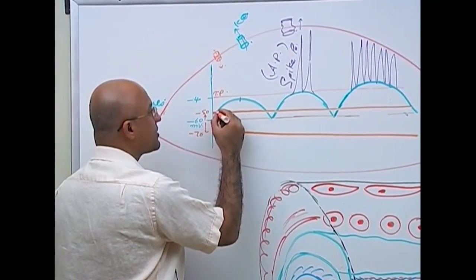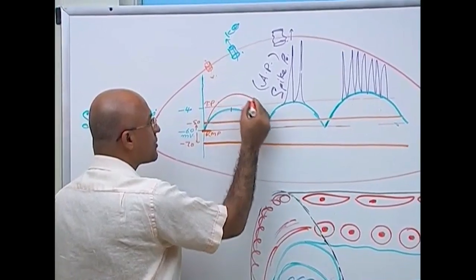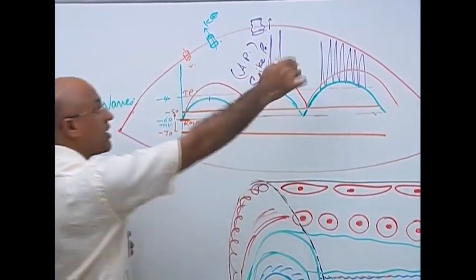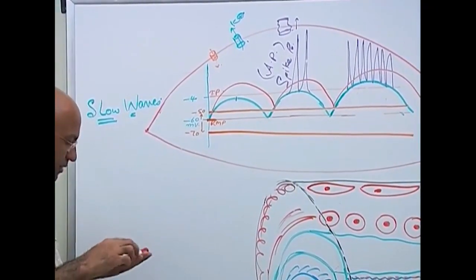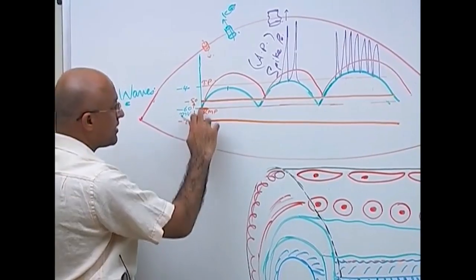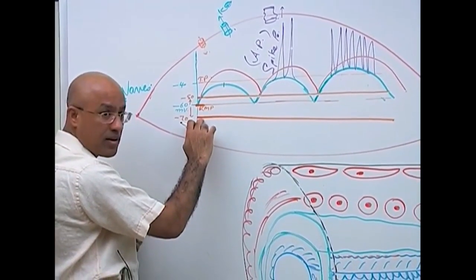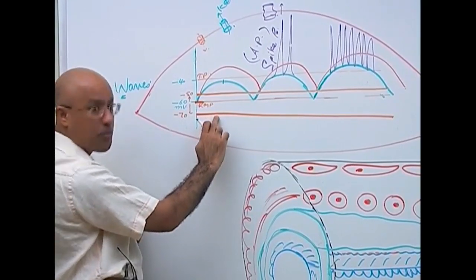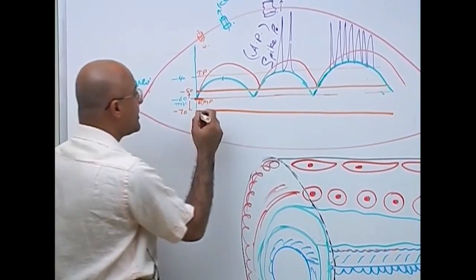Then slow waves will more frequently remain above the threshold, so more spike potentials will be there. But let's suppose the resting membrane potential is away from the threshold and becomes more negative, we say it is all the time hyperpolarized, then what will happen?